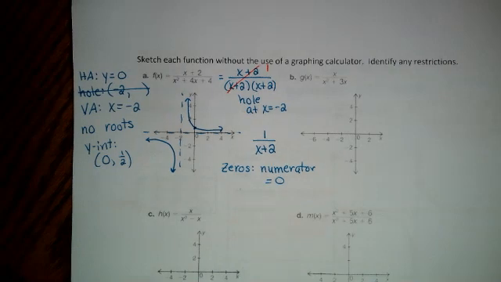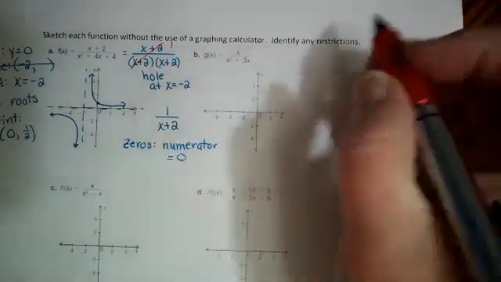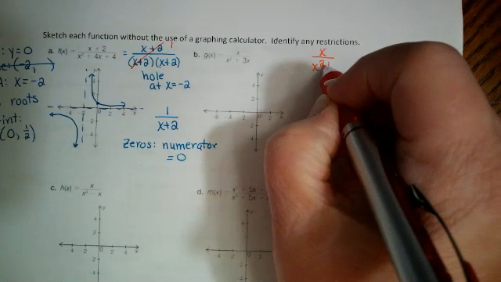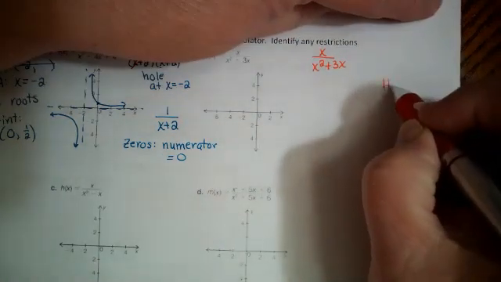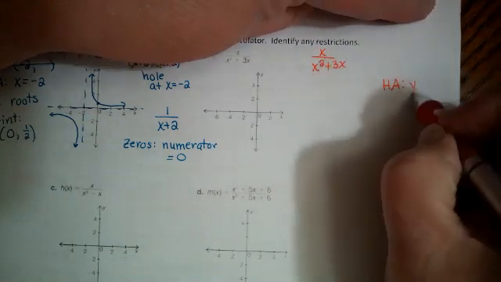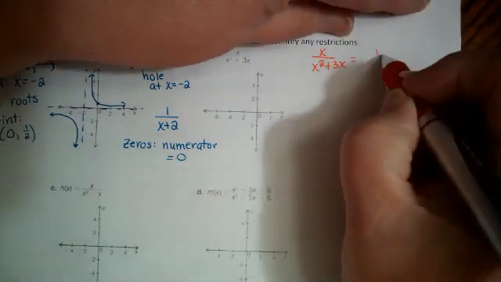So we're going to find another one that has a hole. Let's take a look at letter B. We have x over x squared plus 3x. So again, horizontal asymptote, we look for who's got the greater degree. The greater degree is on the denominator, so y equals 0. And let's factor it.